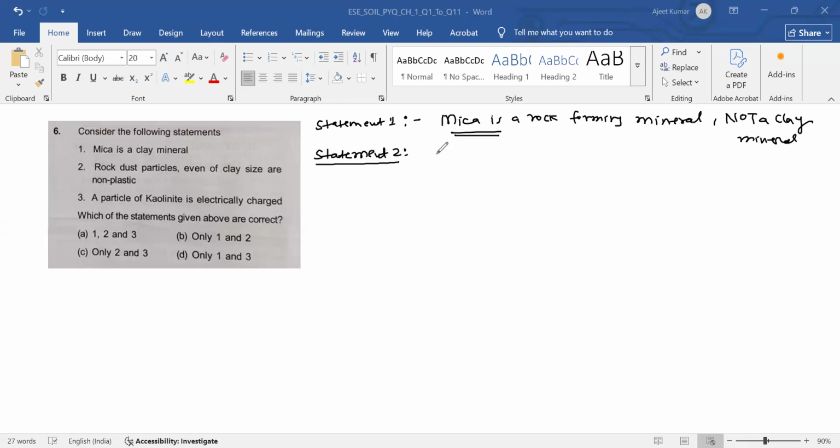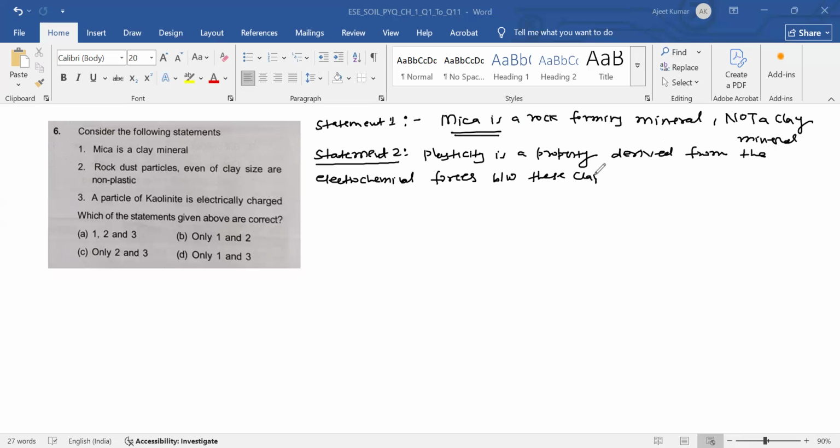Plasticity is a property derived from the electrochemical forces between these clay minerals.